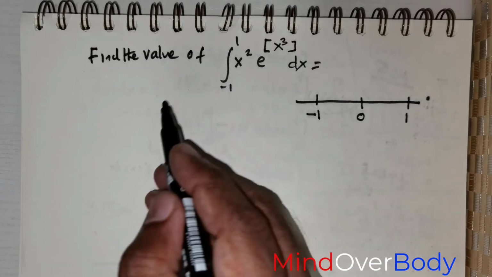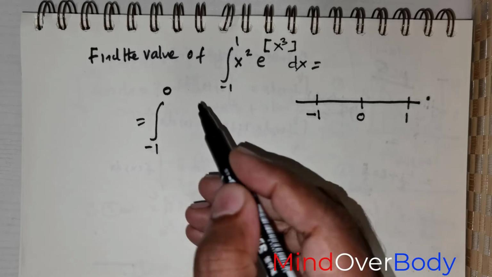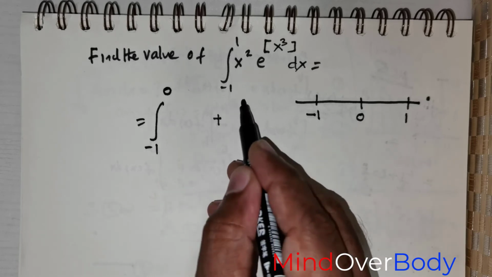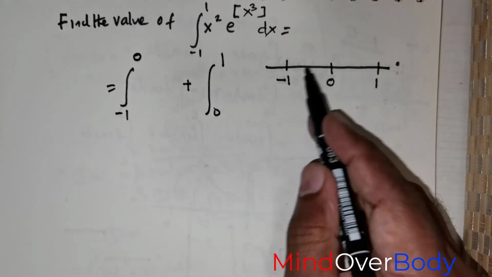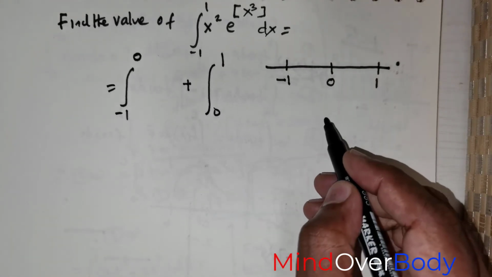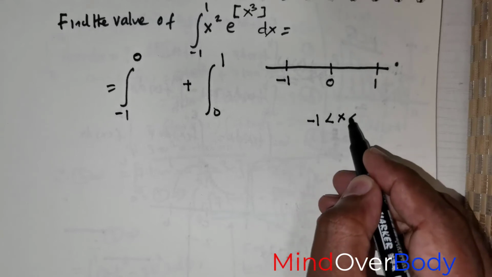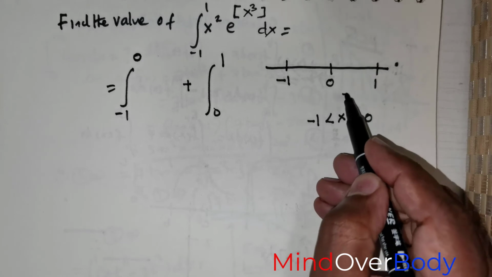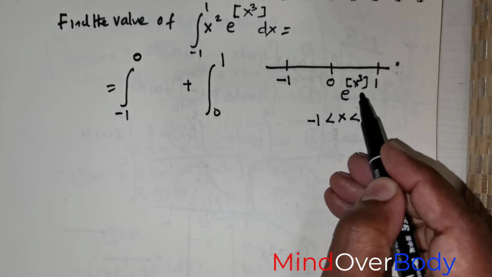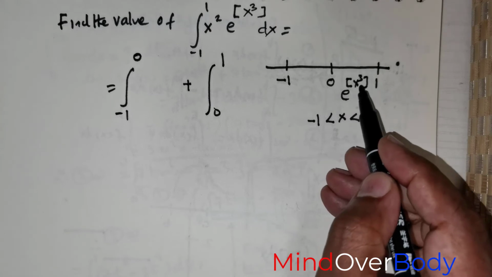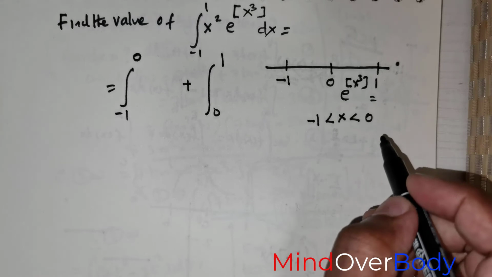And the interval for this would be split from negative 1 to 0, followed by 0 to positive 1. So in the first phase, the value of x that we would consider would be between negative 1 and 0. Now we would want to know the greatest integer of x cubed. That is imperative to solve this question.